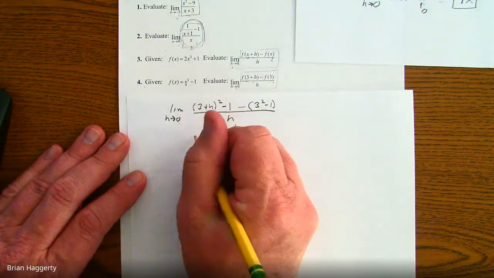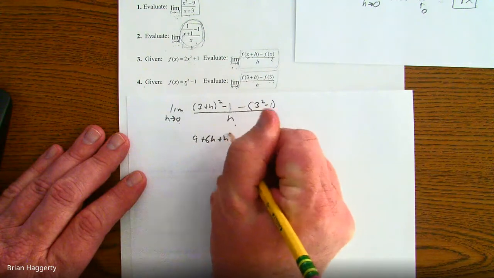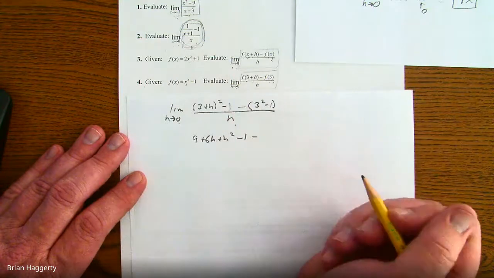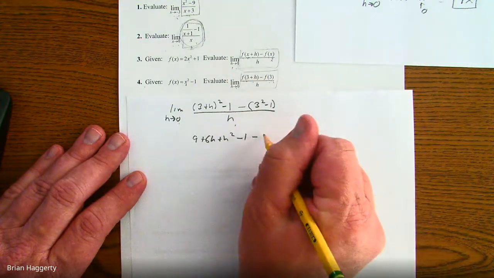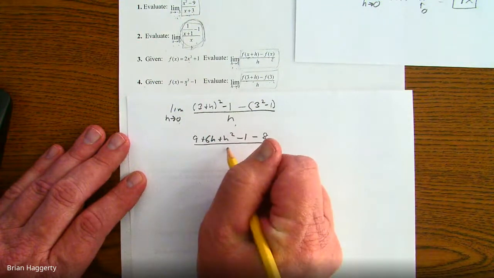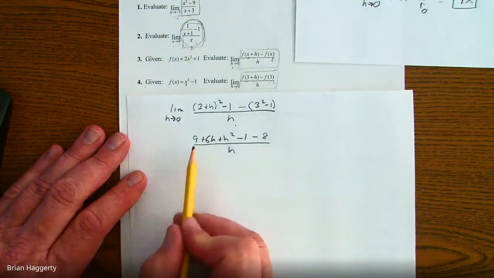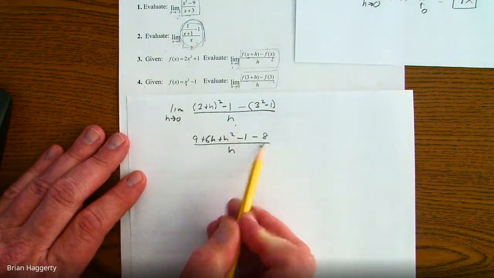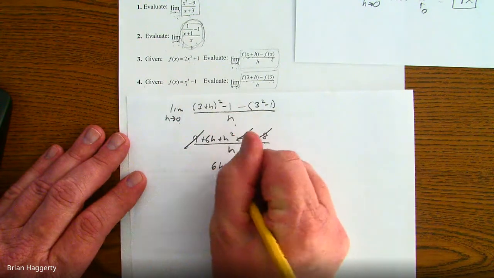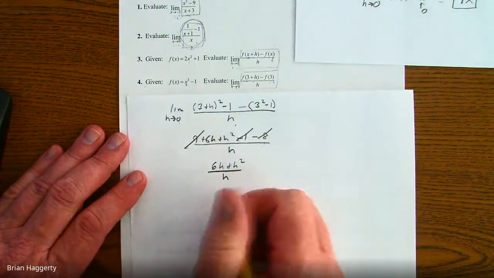So upper left here, we're going to get 9, 3h and 3h will be 6h plus h squared minus 1, and then 3 squared, 9 minus 8, all over h. 9 minus 1 is 8. 8 minus 8 is 0. Gone, gone, gone. Divide that into both up top.